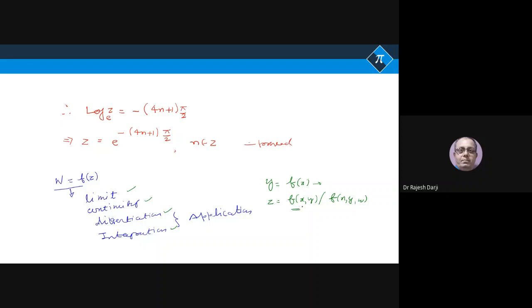For a function of 2 variables, double integral, for 3 variables, triple integral, and its geometrical aspect. So similar concepts we are going to define for complex functions. That will be the next topic.